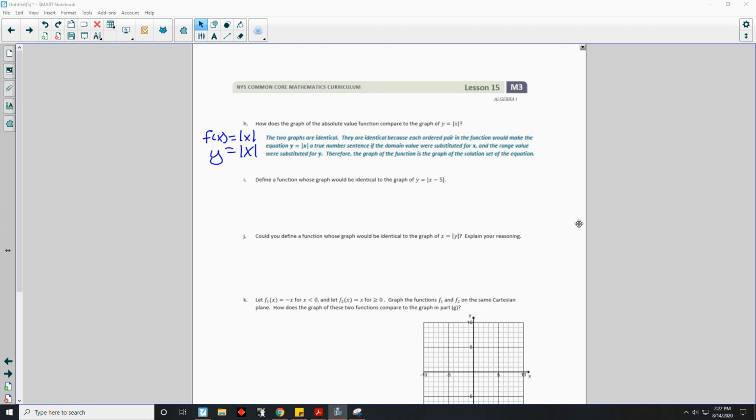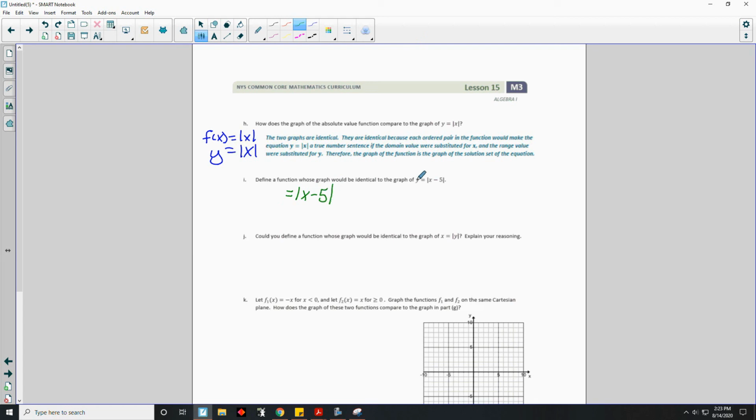Okay, so now it says define a function whose graph would be identical to the graph of y equals the absolute value of x minus 5. So all they're asking you to do here is change y to function notation. I know I'm going to get the absolute value of x minus 5 on the right. That's not going to change.